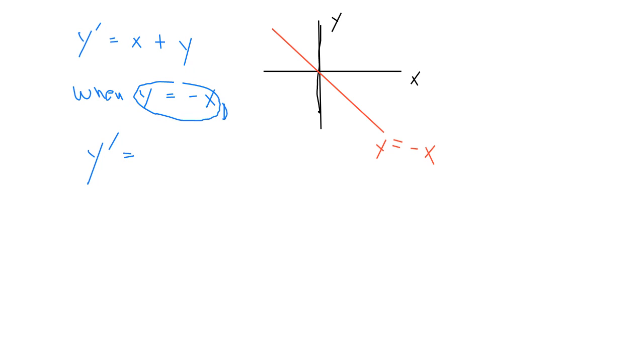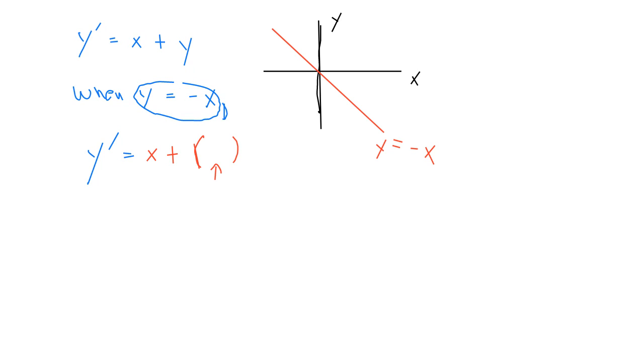So if y equals negative x, y prime is going to equal x plus, hold on, y prime is going to equal x plus what? What's going to go here? Negative 1.